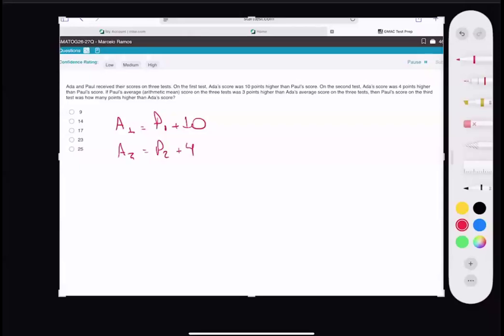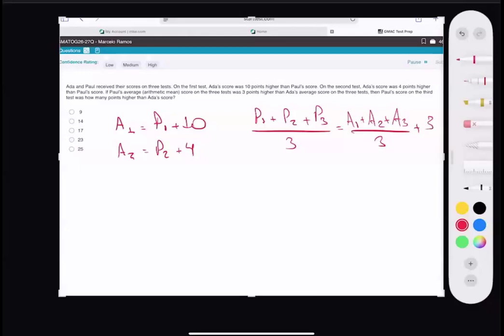If Paul's average arithmetic mean score on the 3 tests, Paul 1 plus Paul 2 plus Paul 3 divided by 3, was 3 points higher than Ada's average score, Ada 1, Ada 2, Ada 3 divided by 3 plus 3.